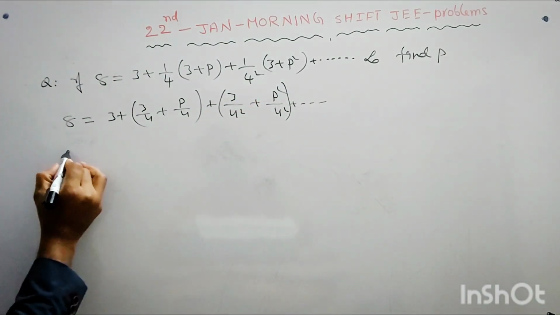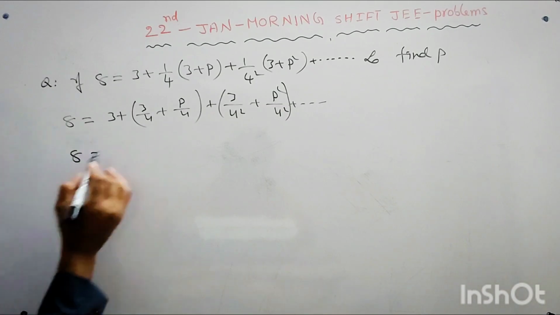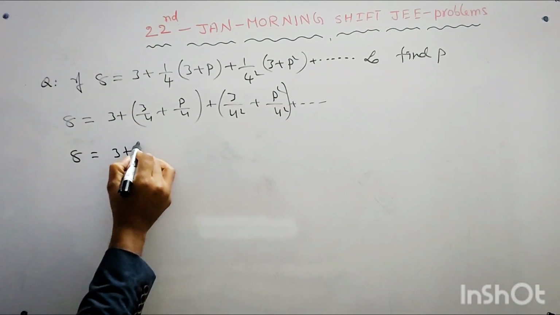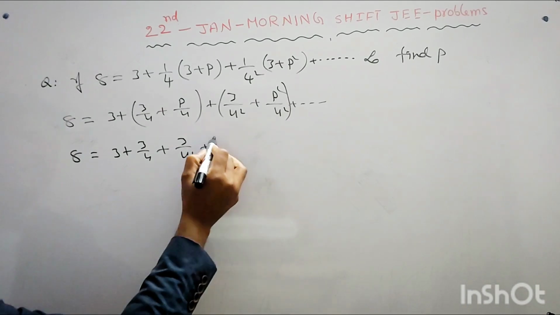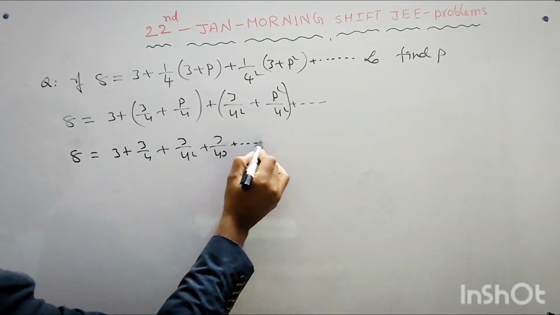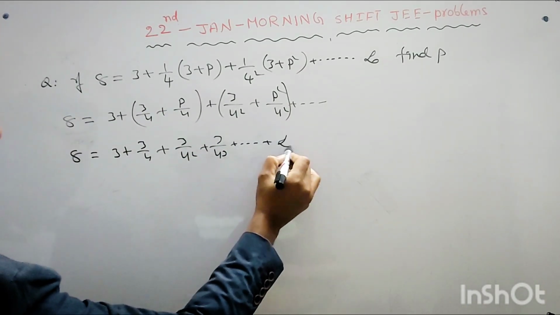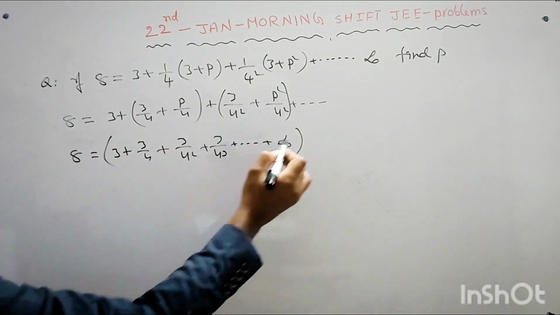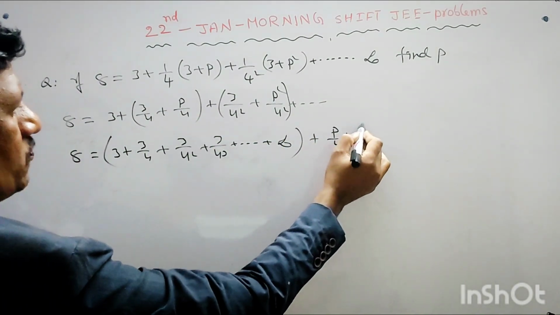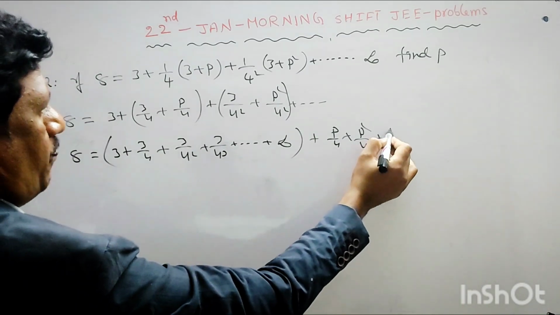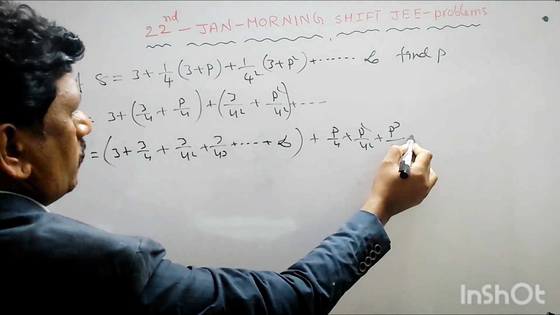Okay, right? So here 8 is equal to 3 plus 3 by 4 plus 3 by 4 square, like that 3 by 4 cube, this series will continue till infinity. One more series: p by 4 plus p square by 4 square, p cube by 4 cube and so on.